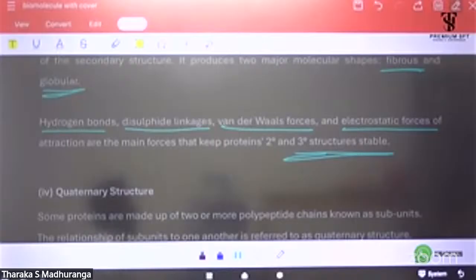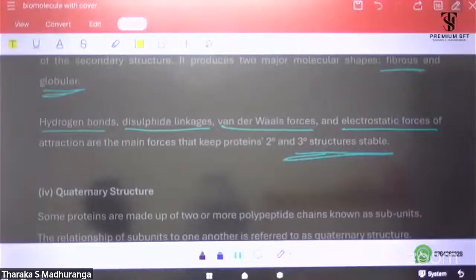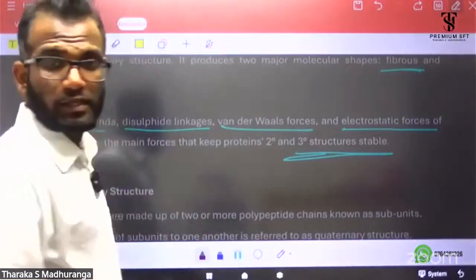In the second one, it folds into a helix due to hydrogen bonds. In the third one, different types of bonds form. Due to that, it makes further folding and makes a globule, a ball. Okay, clear?